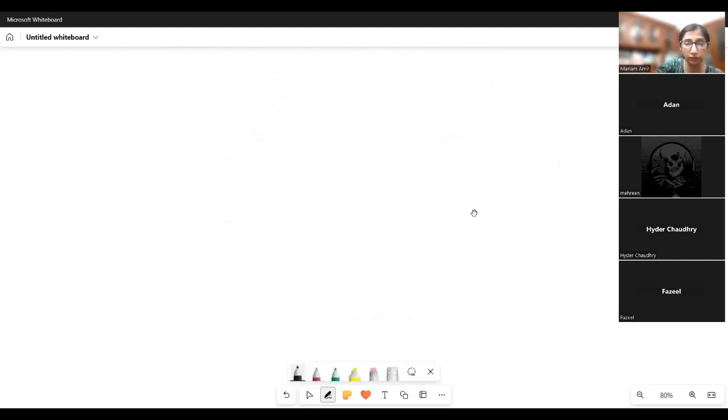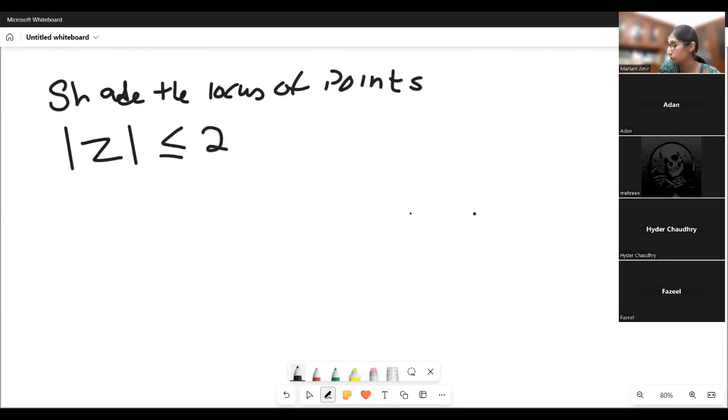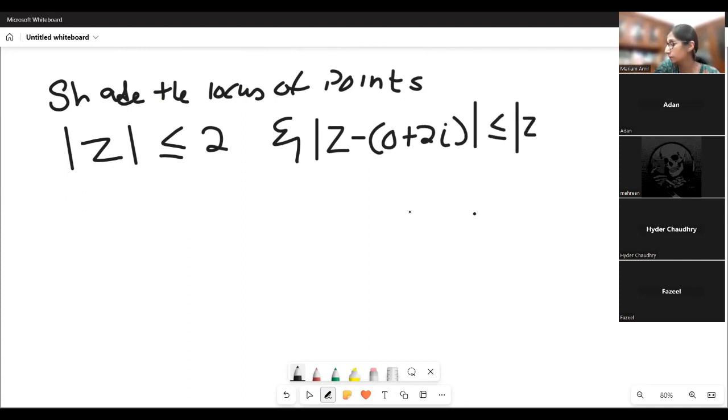State the locus of points for which modulus of z is less than or equal to 2, and modulus of z minus 0 plus 2 iota is less than or equal to modulus of 3 minus minus 1 minus iota.